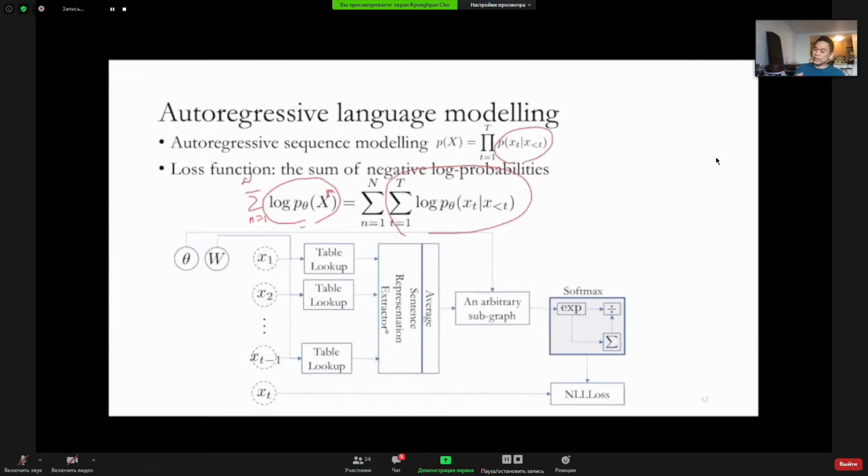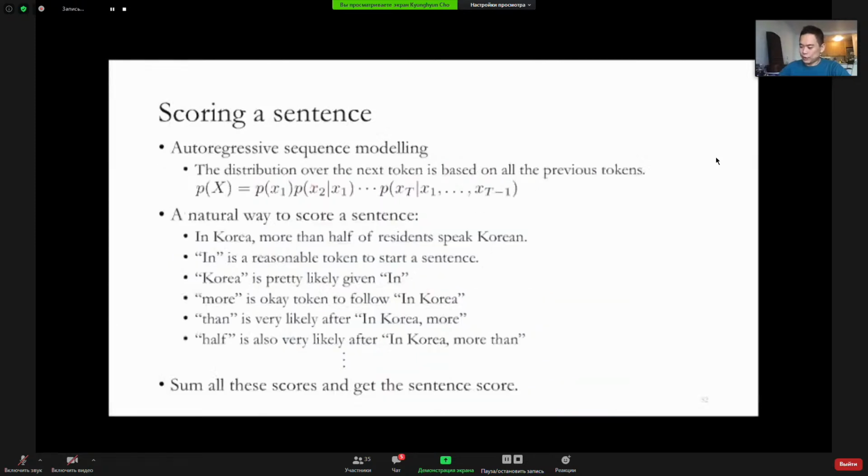So it really is text classification, not just anecdotally, but the whole formula tells us that we have to train this text classifier to maximize the log probability of the correct next token given all the previous ones. And that's how we're going to train this text classifier and thereby get the language model.